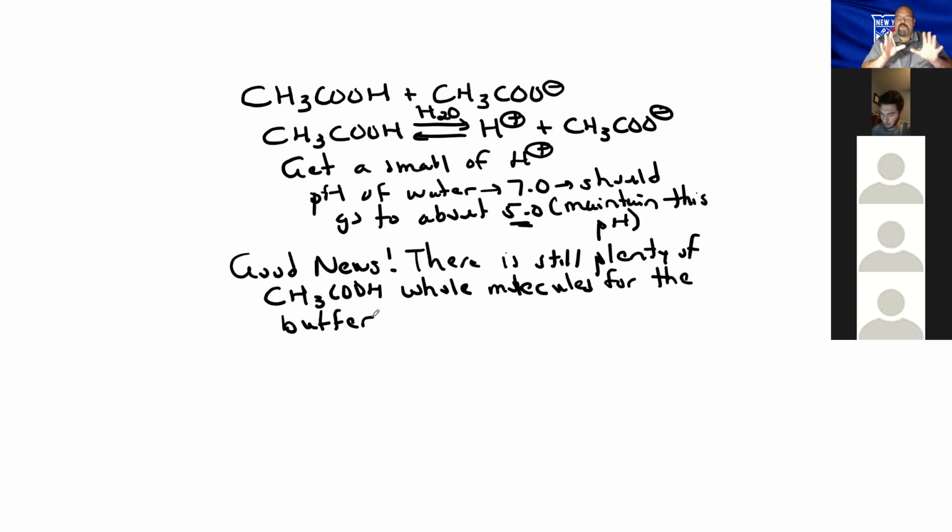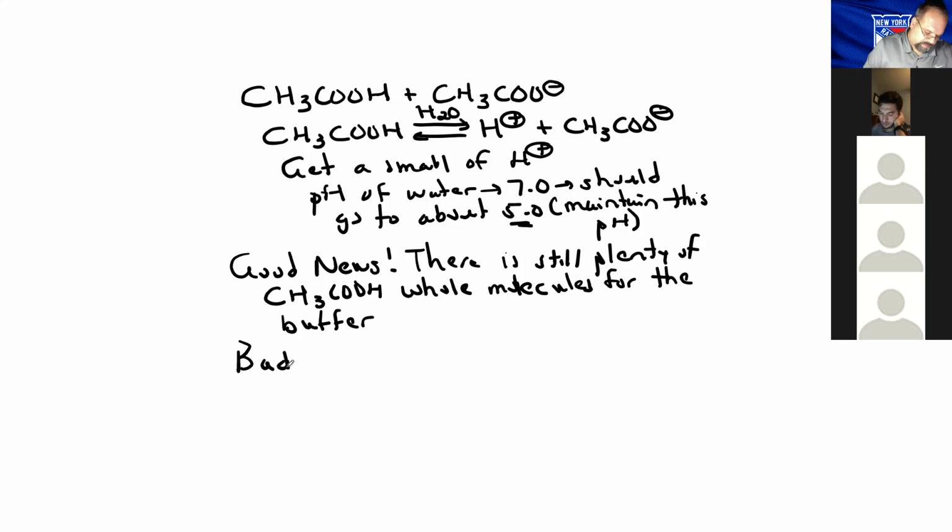And remember, for the acid and base components of the buffer, when you go to make the buffer and you're adding those components in, you want them to stay as is. So if we're adding acetic acid to make a buffer, we want it to stay as CH3COOH. We don't want it to change. So that's the good news. The good news is that I take it, I place it in water, and most of it stays as is.